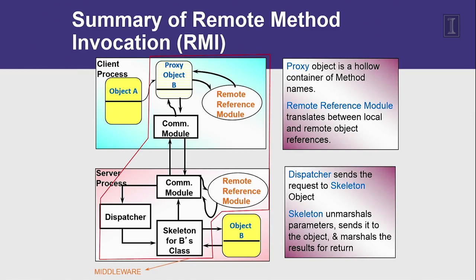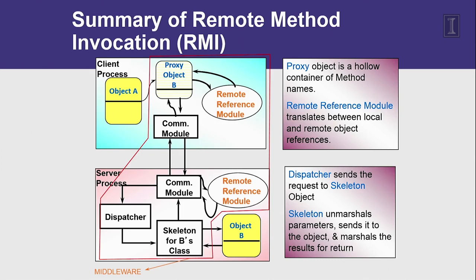So in summary, with remote method call, what we're doing is providing a procedure call between machines, between pieces of code on different machines. We have a stylized approach to do that. We have a client process. We have objects in that client process that want to talk to other remote objects, object B here.